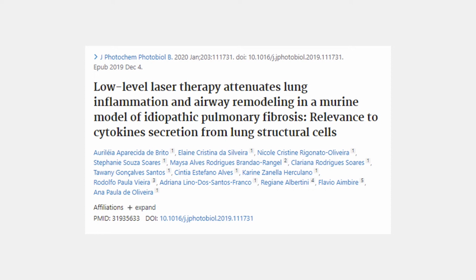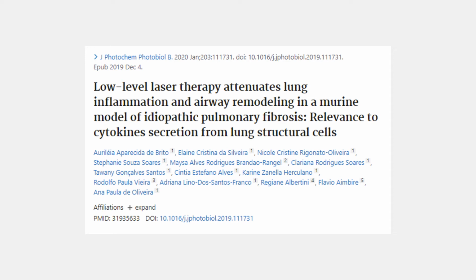Realizing that he had nothing to lose, since pulmonary fibrosis is a terminal illness, he used his class 4 therapeutic laser to treat himself. The good news is, 8 years later, after diagnosis, Dr. Hall is alive, his pulmonary function tests are improving, and his follow-up CT exams show no additional scar tissue formation.